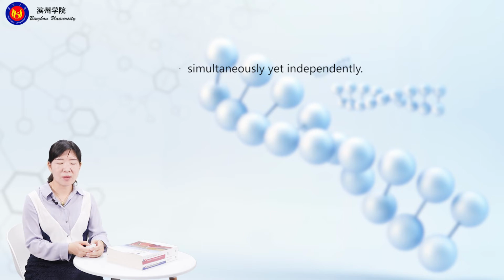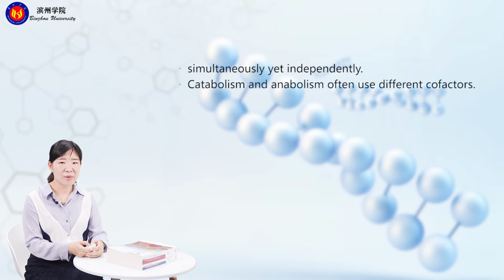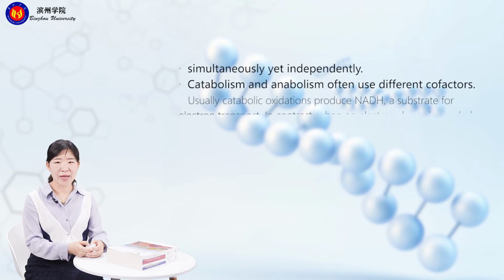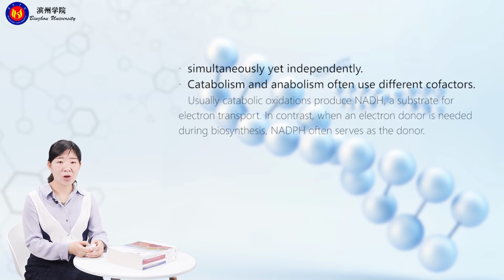The last one, catabolism and anabolism often use different cofactors. Usually, catabolic oxidation produces NADH. It is a substrate for electron transport. In contrast, when an electron donor is needed during biosynthesis, NADPH often serves as the donor.